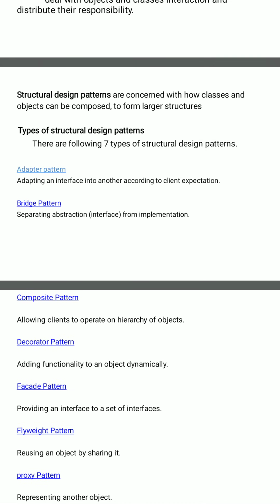Flyweight pattern: reusing an object by sharing it. This means reusing already existing similar kinds of objects by storing them and creating a new object when no matching object is found. The thing is that we are going to use already existing similar objects for solving the problem.